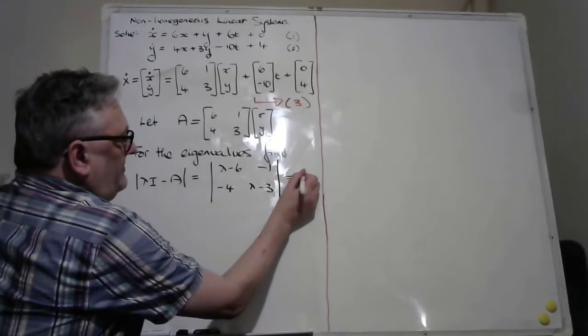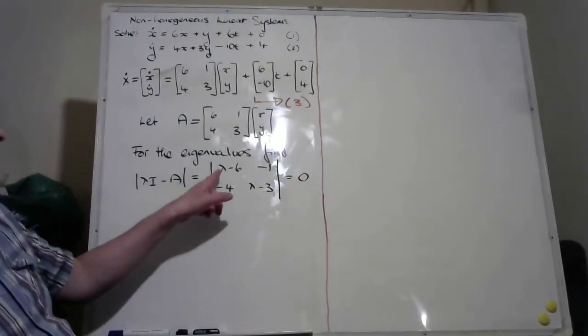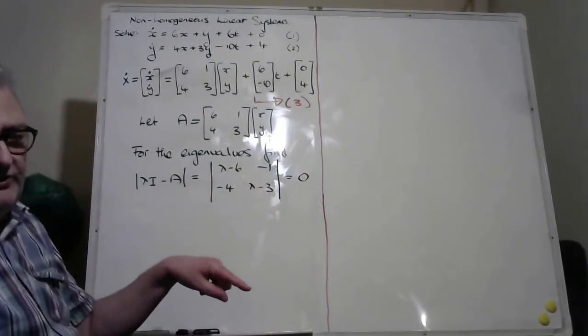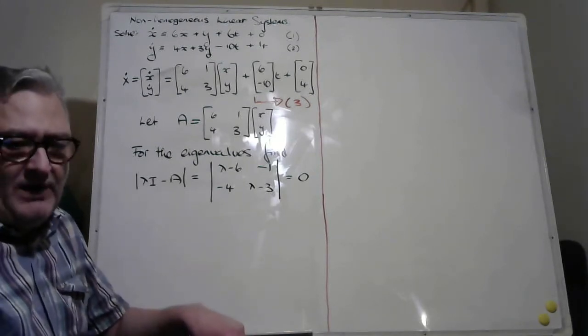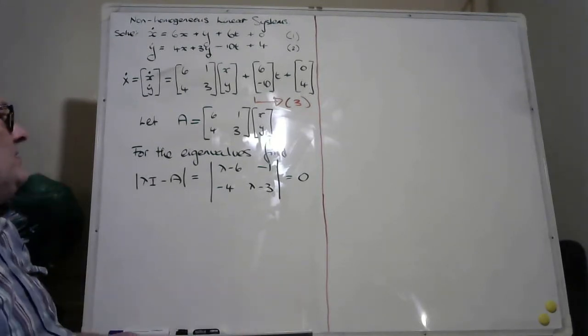And that's got to be equal to 0 because we want linear combinations of the final equations, which I think I might have explained in a previous video.